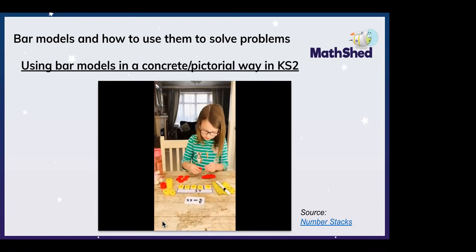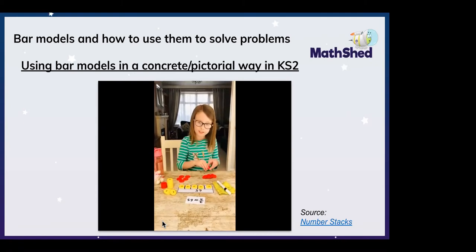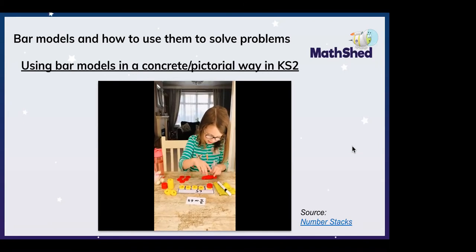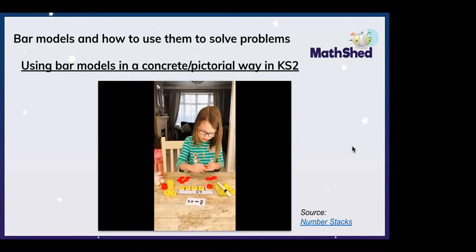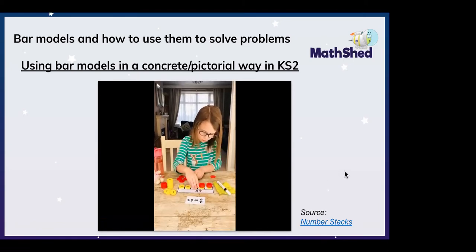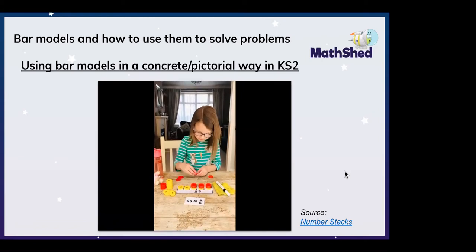So how many ones are going to go in each section, do you think? 3. Okay, try it and see. Okay, 3. 3. 3. 3. And there's 3 left, sorry. And there's 10 left.